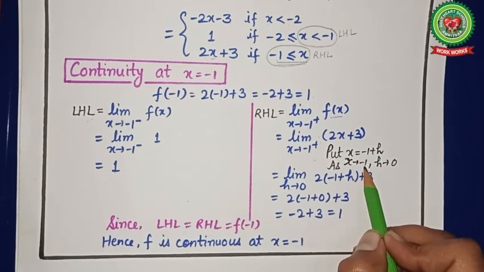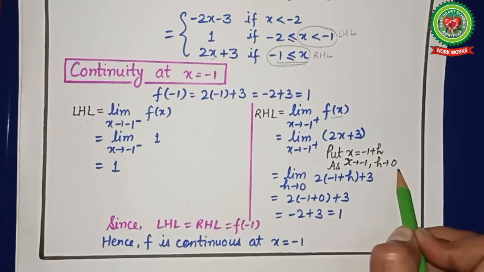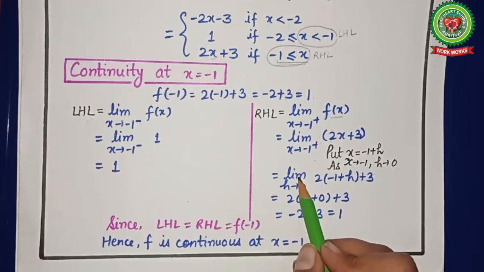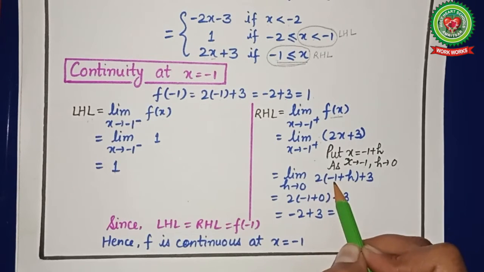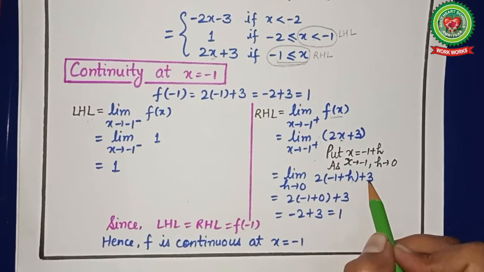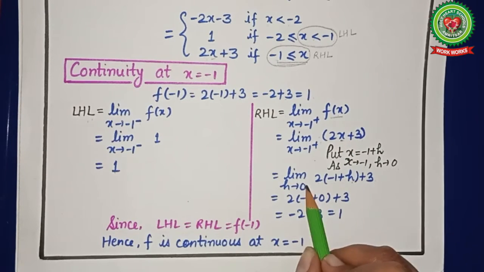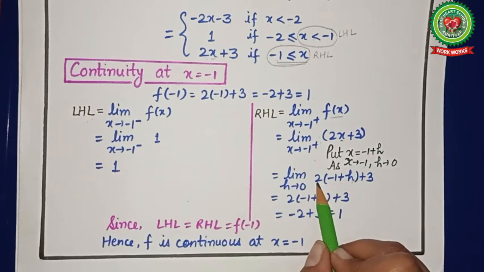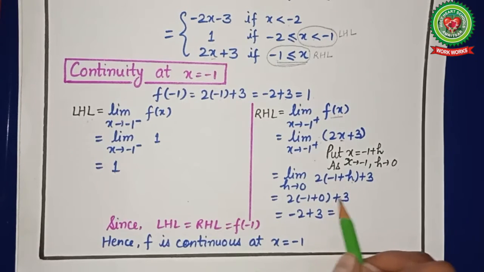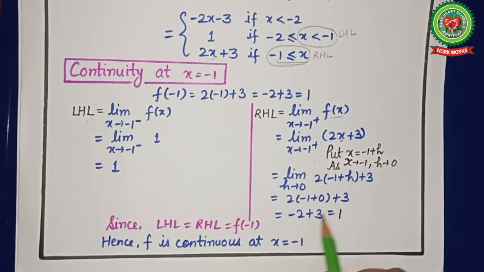As x approaches minus 1, h will approach 0. So, limit h approaches 0 of 2 into (minus 1 plus h) plus 3. Now, applying the limit, 2 into minus 1 plus 0 plus 3. On simplifying, we get minus 2 plus 3 is equal to 1.